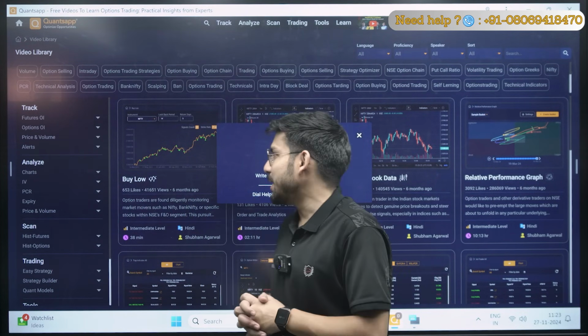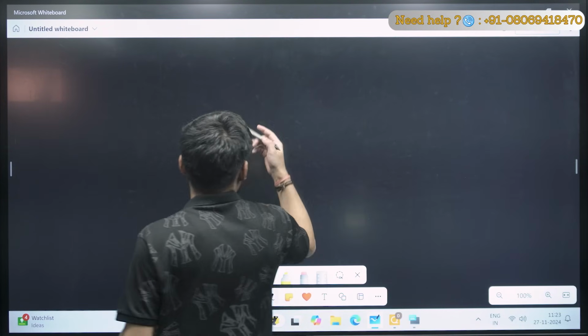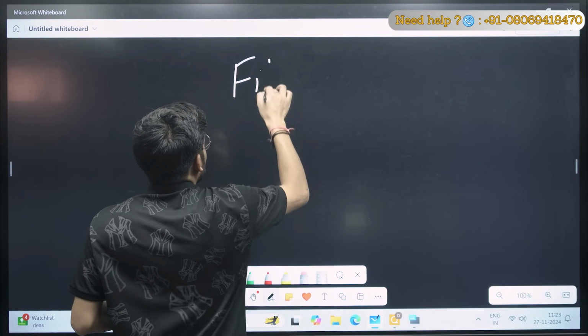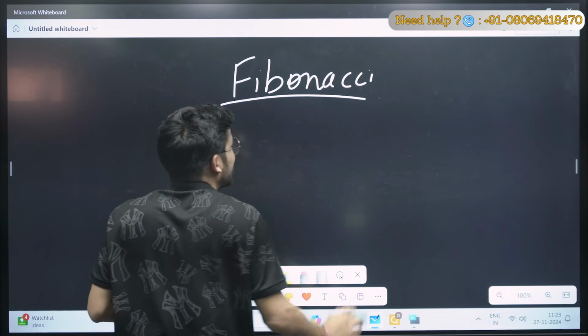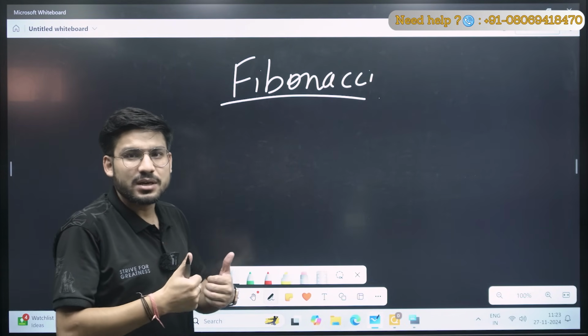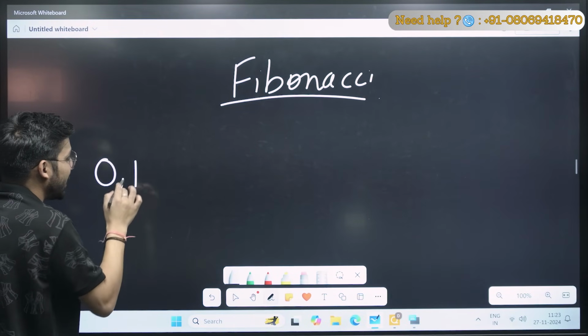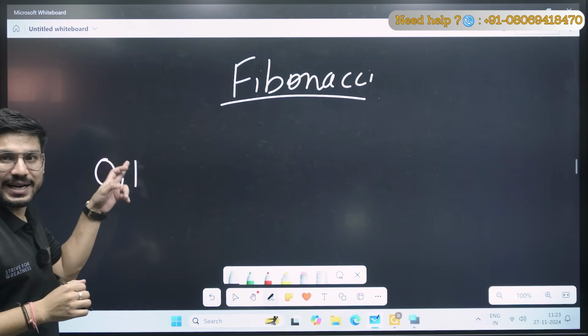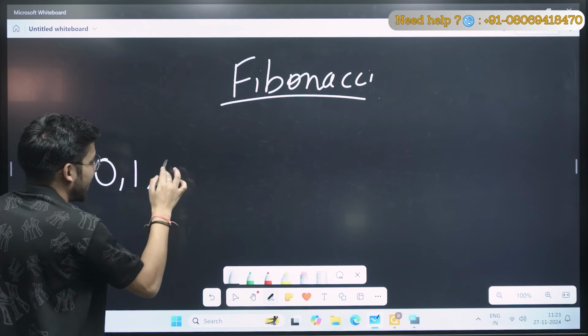Now, when I'm talking about Fibonacci retracement or Fibonacci numbers, first of all, let me write the topic here. So we are talking about Fibonacci today. Generally, these numbers start from 0 and 1, and then we keep adding these numbers. If I add 0 and 1, I get 1.